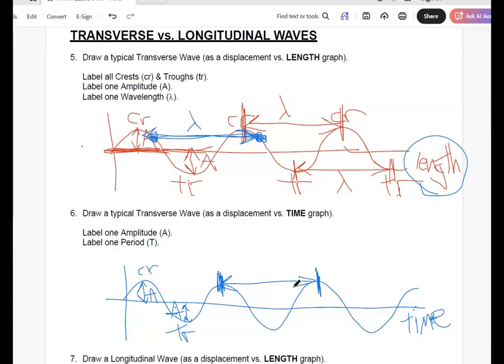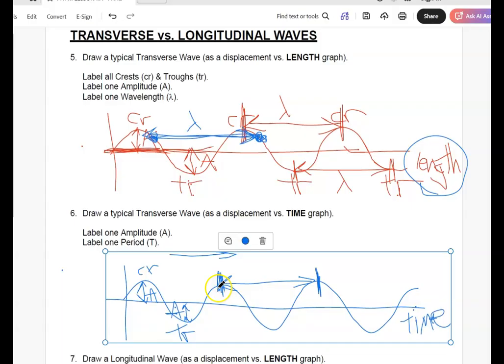So you can imagine this wave is moving with time, and this is a point, and then this point goes down, and then it goes back up, and by the time it goes back up to the same crest position, that time is called the period, and we abbreviate that with a capital T because it's a special type of time. That is, the period, T, is the amount of time for one cycle, one up and down or one down and up.